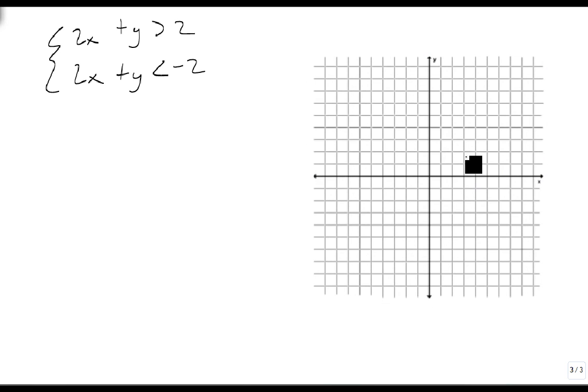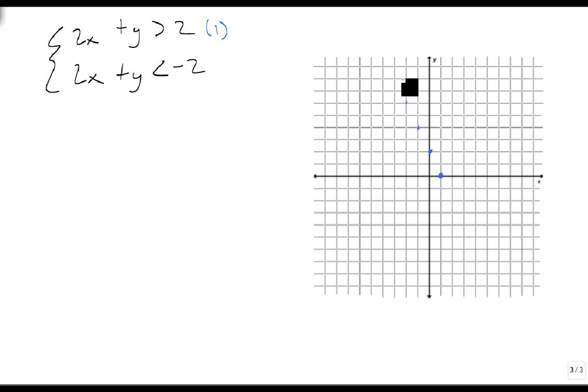Well, let's look at another one. Suppose we have the system 2x plus y is greater than 2, and 2x plus y is less than minus 2. And again, we'll bring our graph over. Well, in this case, they both graph very nicely by intercepts. When y is 0, x is 1, and when x is 0, y is 2.